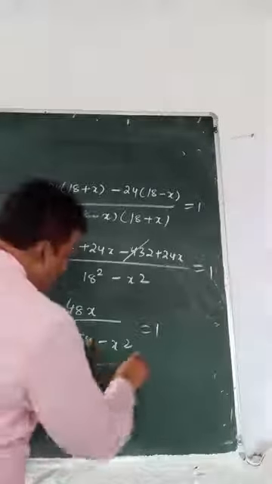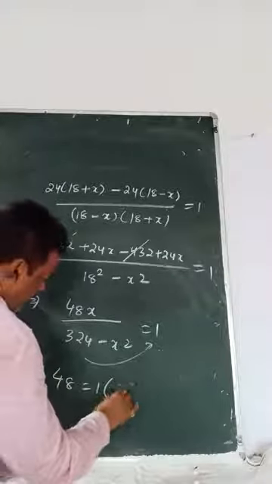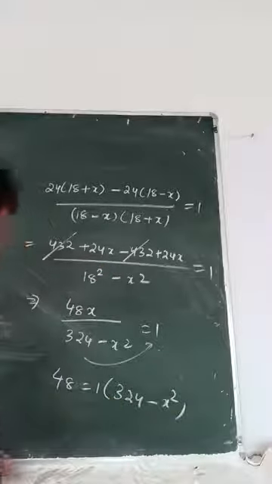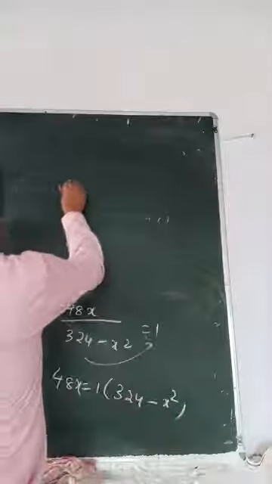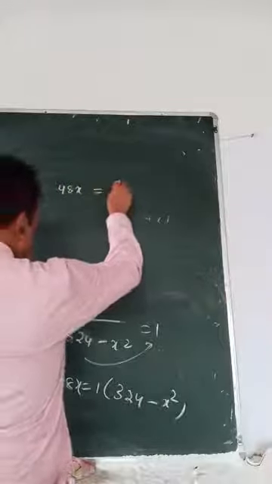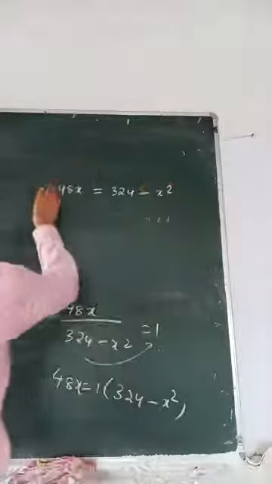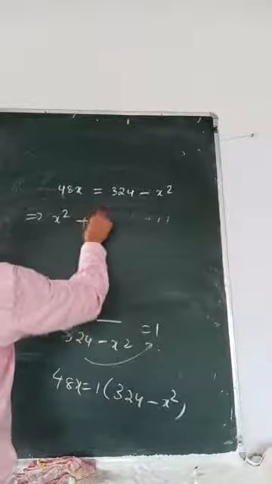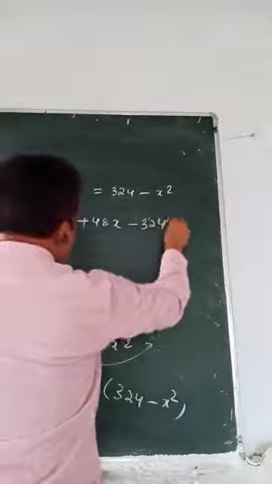Now cross multiplication. So 1 into 324 minus x square. Now 1 into any number is same number, 48x. So you get 48x equals to 324 minus x square. Let's bring this now this side. X square, this will be remaining this side, plus 48x, this will come this side, minus 324 equals to 0.